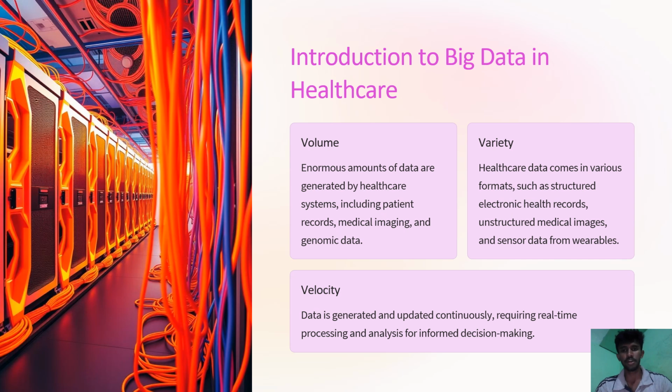The next one is variety: healthcare data comes in various formats, such as structured electronic health records and unstructured medical images and sensor data from wearables. The next one is velocity: data is generated and updated continuously, which requires memory and processing to analyze the information for decision making.